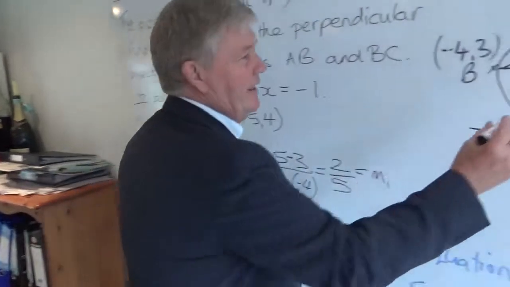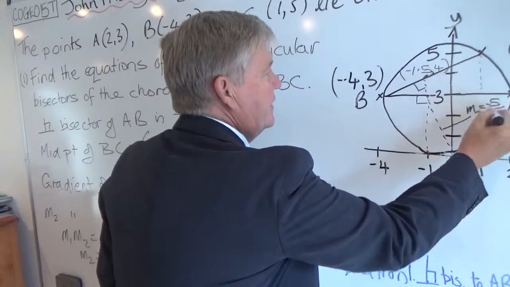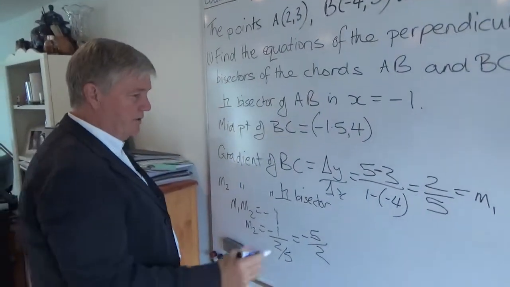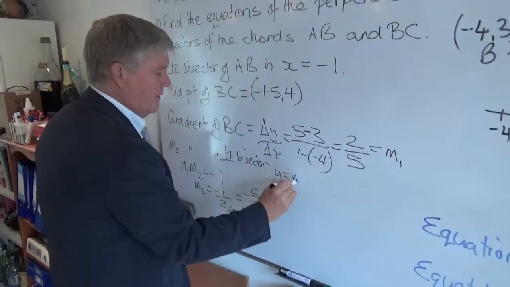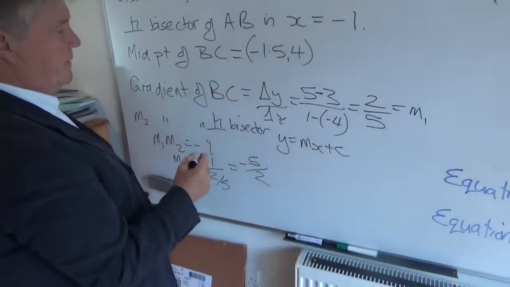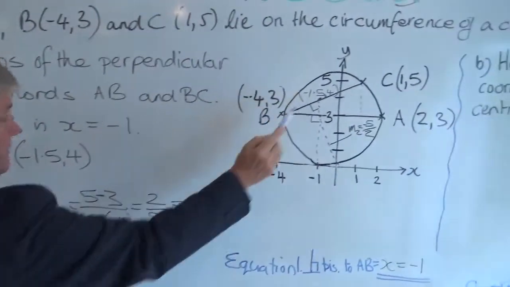So we know that m2 equals -5 over 2. And now I can use y equals mx plus c for the perpendicular bisector. I'm going to use the point (-1.5, 4).